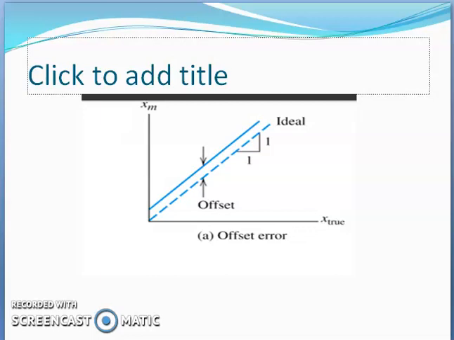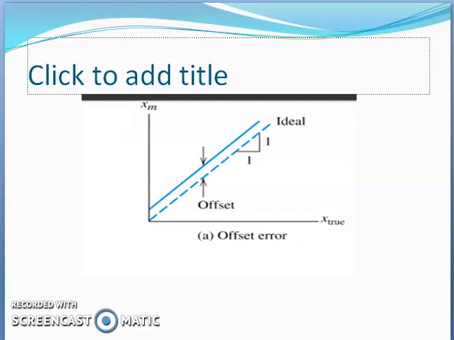Now, coming to an example, if the scale of the instrument while starting a measurement is greater than 0, but ideally it must be at 0. If it is not at the point of 0, it may be 0.04 or 0.6 greater than 0.